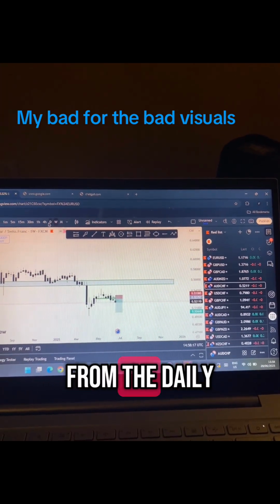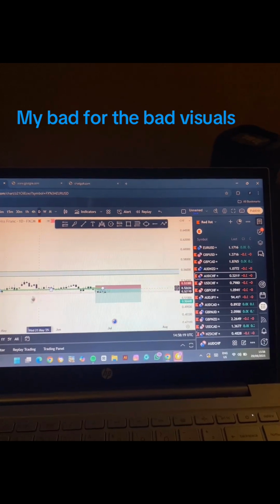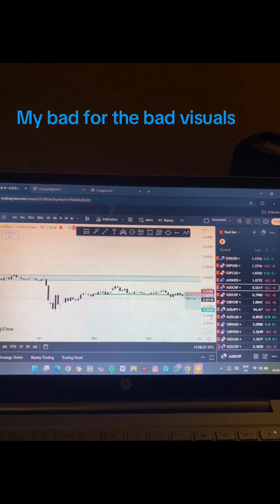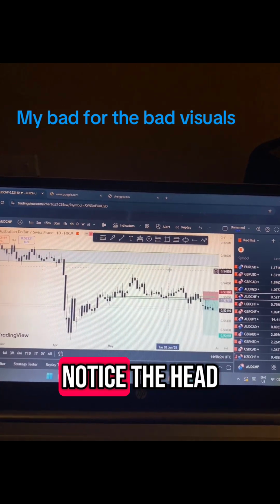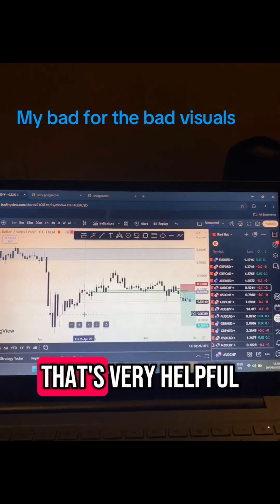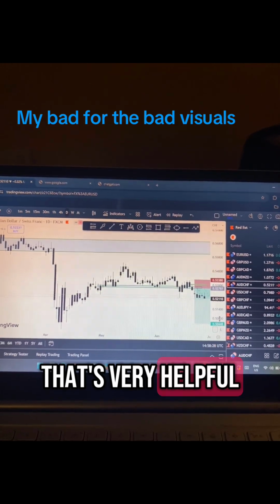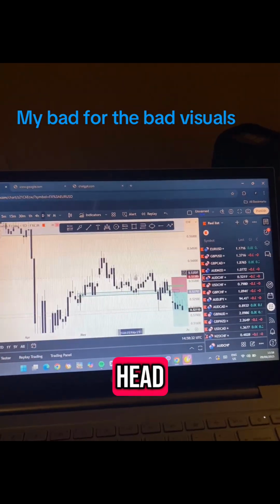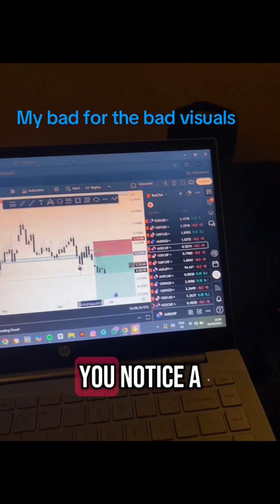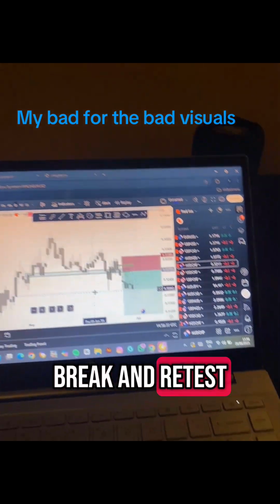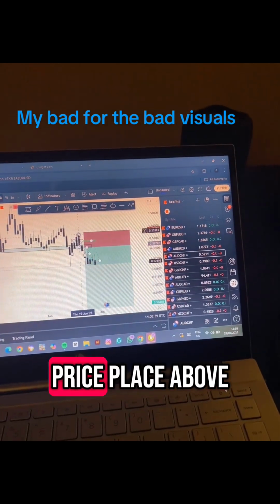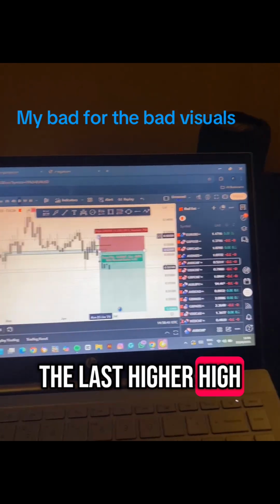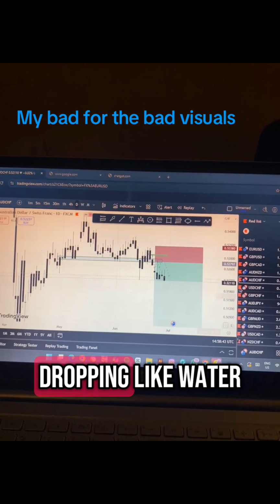From the daily, we notice the head and shoulders pattern, which is very helpful. You notice again the left shoulder, head, right shoulder. Then you notice a break and retest to continue the downtrend. Price placed above the last higher high, then boom, dropping like water.